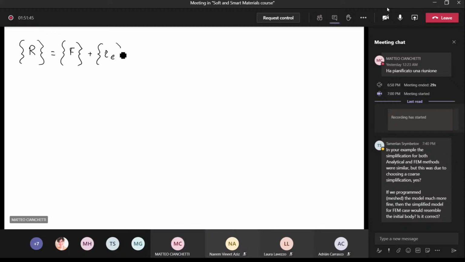F represents the loads applied externally, and the reaction forces directly applied to the nodes.